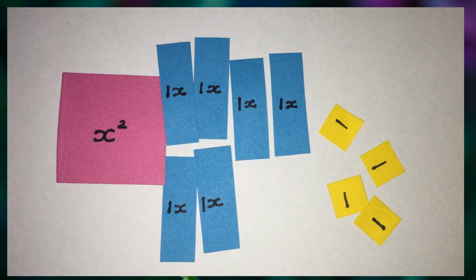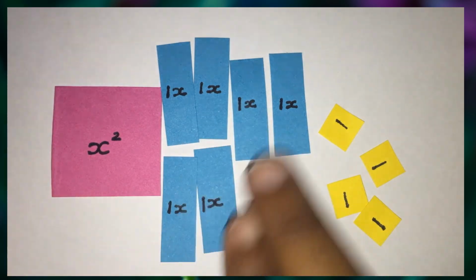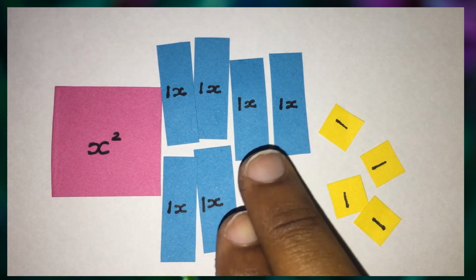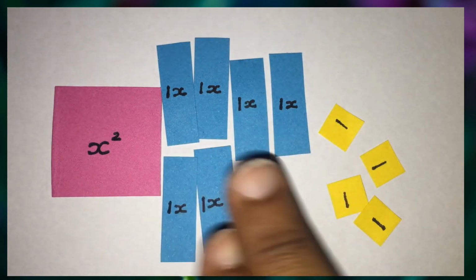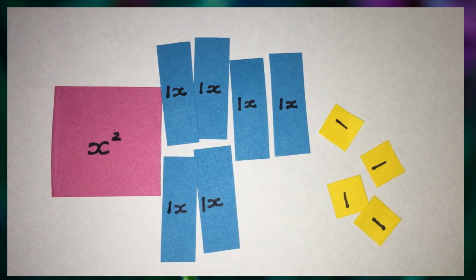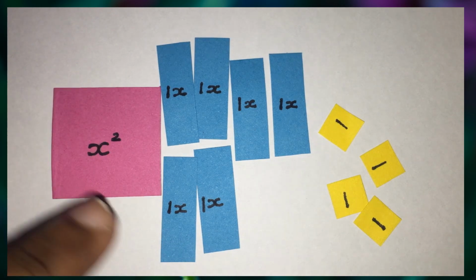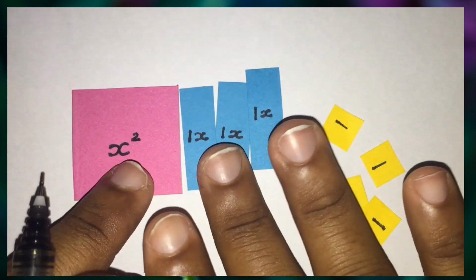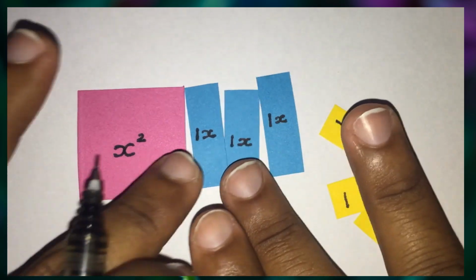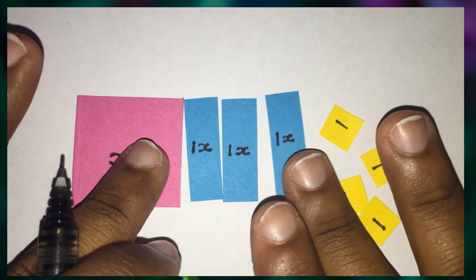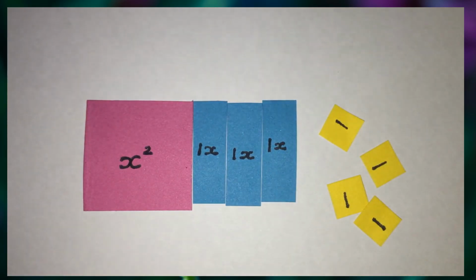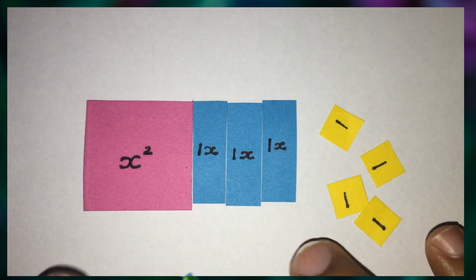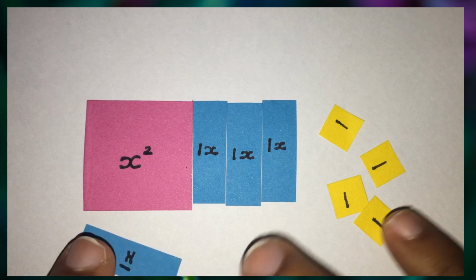So what we can do is split this blue term. Listen carefully. Split this blue term into a half and put each half along the sides of this square block. So I can take 3 from here. Try to line them up nice, because I want the boss to be pleased with my work. So I'm going to put the other 3 x's down here.